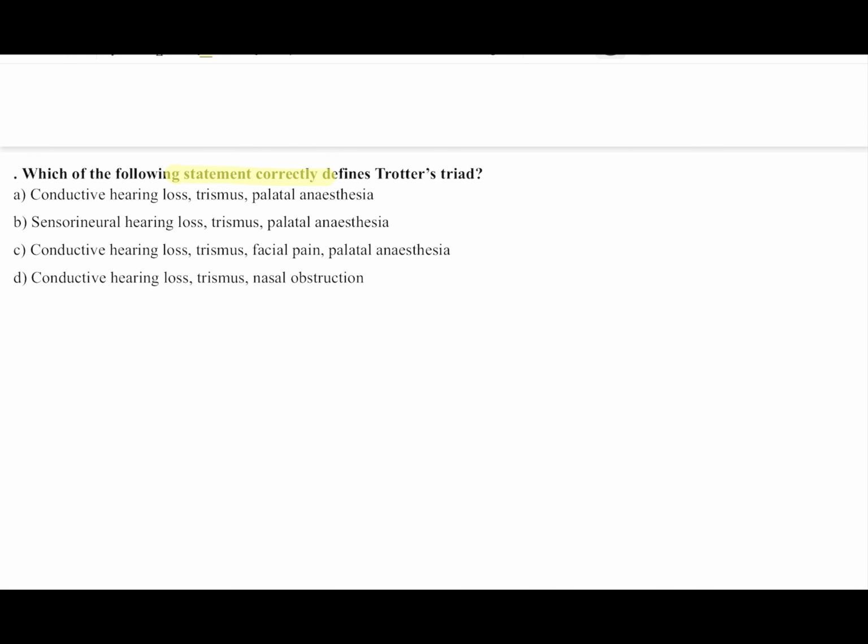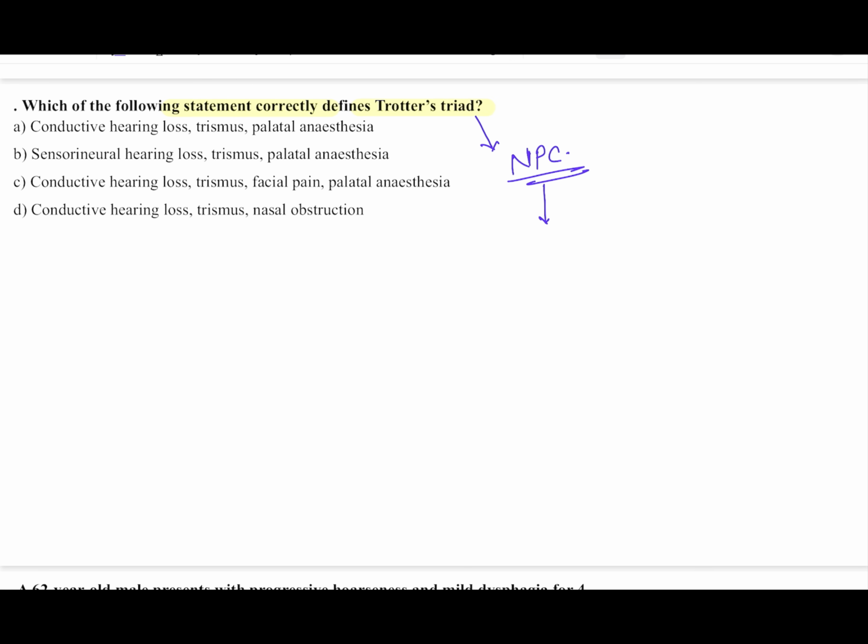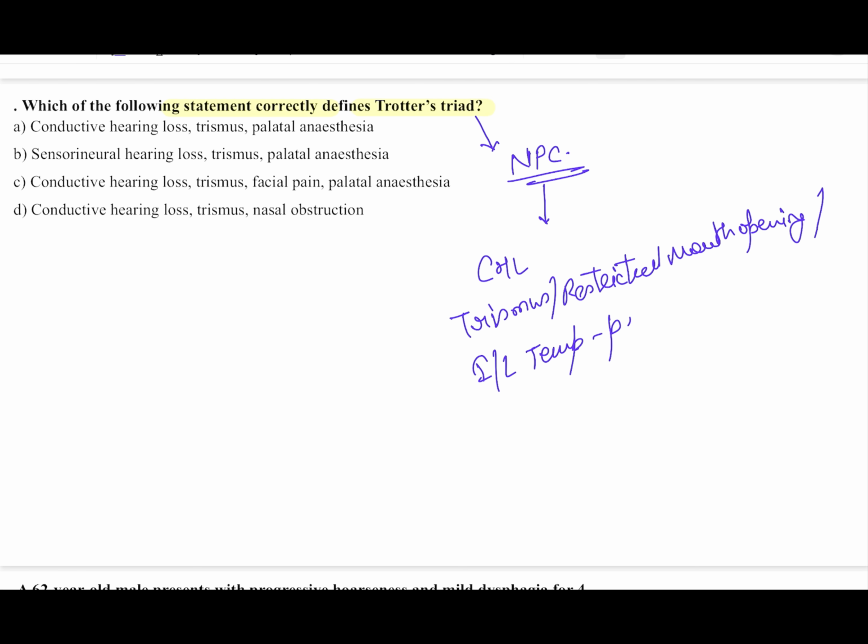Next is which of the following statement correctly defines Trotter's triad? So Trotter's triad you will see in nasopharyngeal carcinomas. What is the classical triad of Trotter's? The patient will have conductive hearing loss, they will have trismus, which is also called restricted mouth opening, or this is also defined as ipsilateral temporoparietal neuralgia.